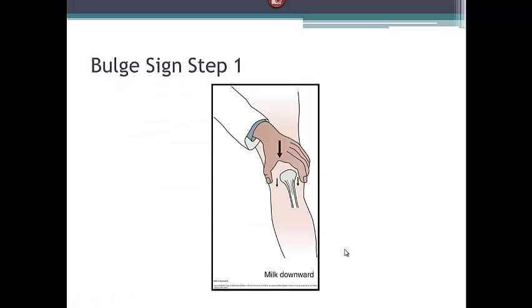Now let's talk about knee conditions. When you're going to examine the knee, the person should remain supine with the leg extended, although some examiners prefer the knee to be flexed and dangling for inspection. The most common is basically with the leg extended.